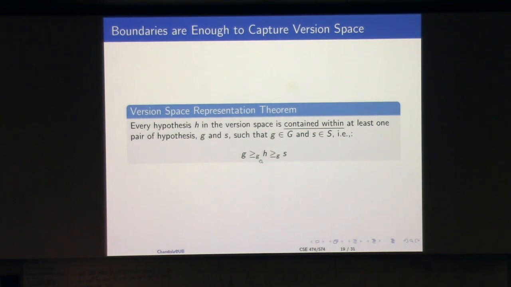If you have a new object x and want to figure out what h(x) will be, it is enough to see what G(x) and S(x) are, which means you don't need h to make the new prediction, and that's what you need these hypotheses for anyway. Because of this theorem, we can come up with a more efficient algorithm, and we'll look at that algorithm and the proof of this theorem later.